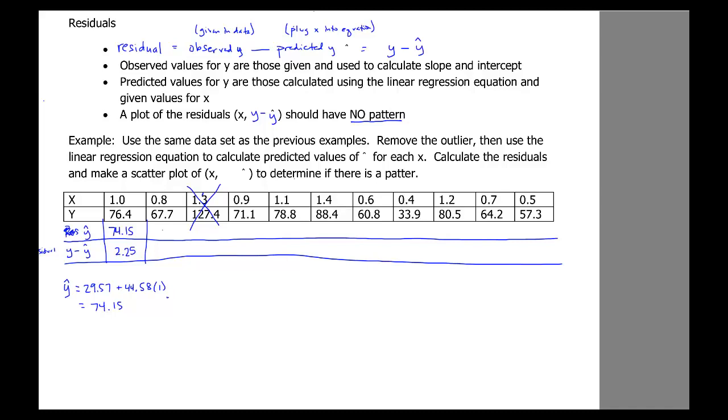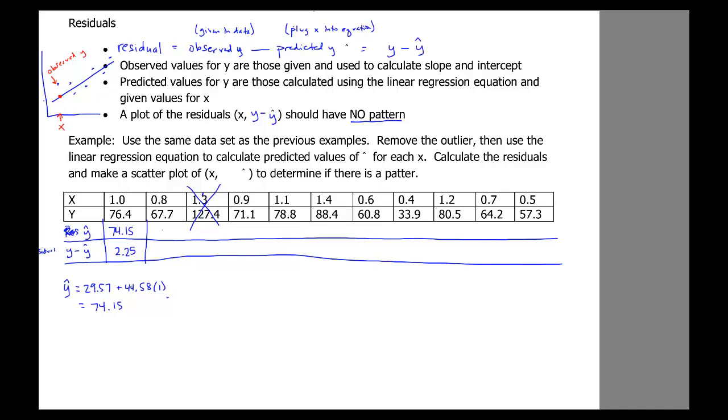So really what we're doing here, I'm just going to draw a quick sketch. If we have our line, but our original data points that we used to make the line aren't exactly on the line, the residual is just the distance from the point, the actual observed value, to the predicted value, which is the value on the line for that given value of x.